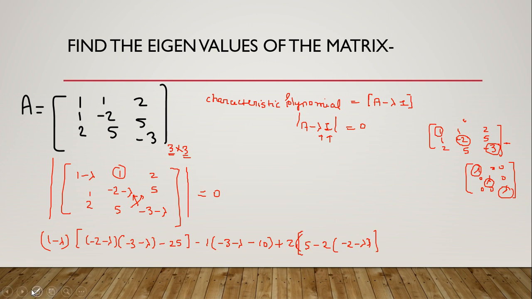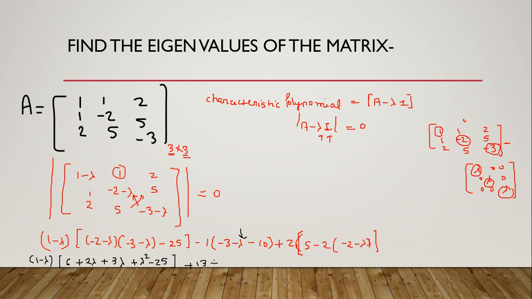If you solve it further, so 1 minus lambda, minus 2 multiplied by minus 3 is 6. Minus 2 minus lambda is plus 2 lambda. Minus lambda minus 3 is plus 3 lambda. Minus minus plus lambda squared minus 25. Minus, if you see this, this is minus 13 minus lambda.